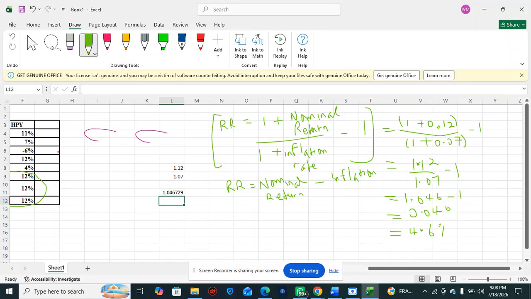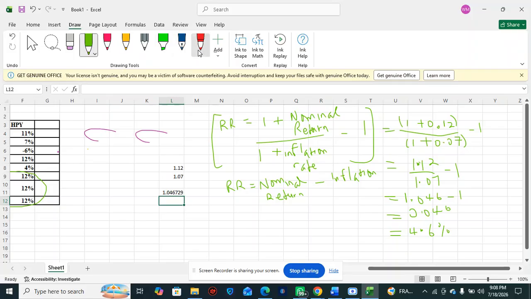So these 12% returns that we're going to get in the next 3 years, since there's inflation of 7%, remember inflation doesn't only erode the purchasing power of your money, it also erodes your returns. So these 12%, after we adjust them for inflation, become 4.6%.